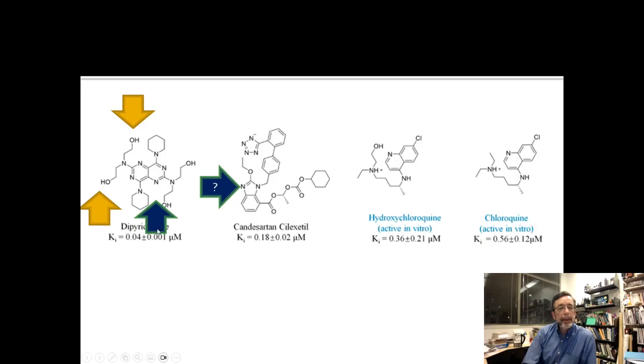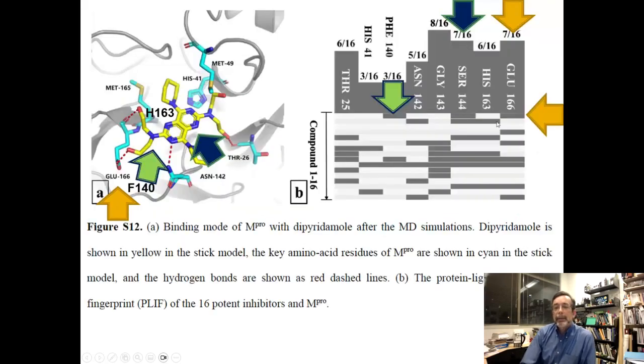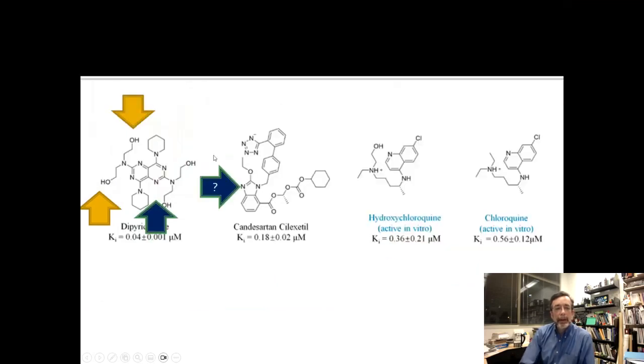Okay, so for example, here's the dipyrimidal. Here's number 2, which is the candesartan cilexetil. You see right here, number 2 appears to have histidine 163, serine 144, and asparagine 142. Well, our serine 144 bound here for the dipyrimidal, is what we're thinking.